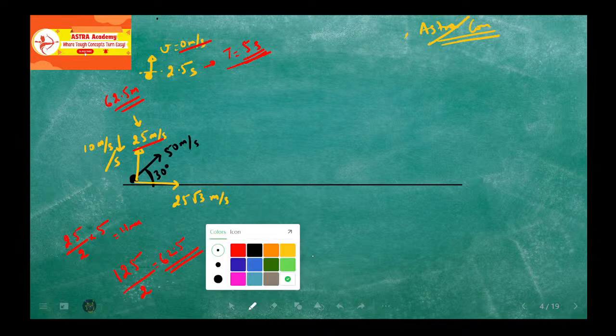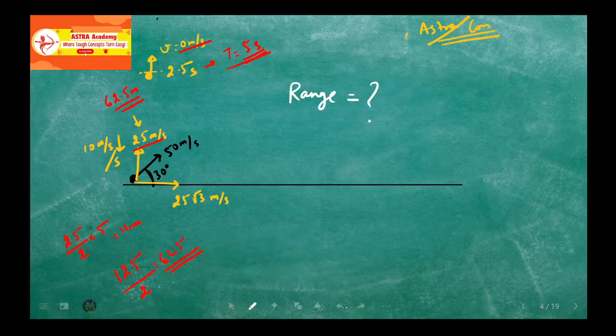Now let's move to the range part. Anybody? Range, fast. Please find the range. I will not tell the answer. You have to tell the answer in the chat box, please.